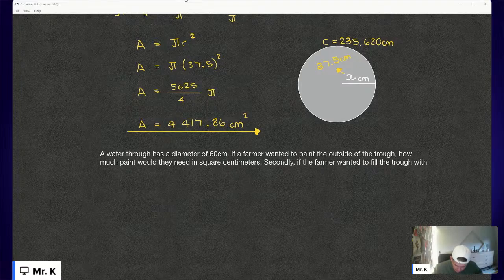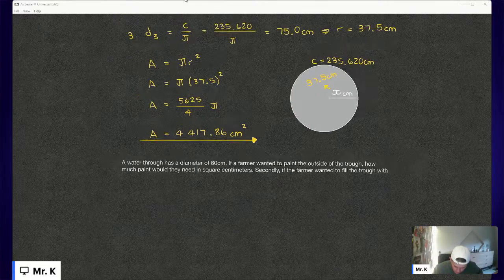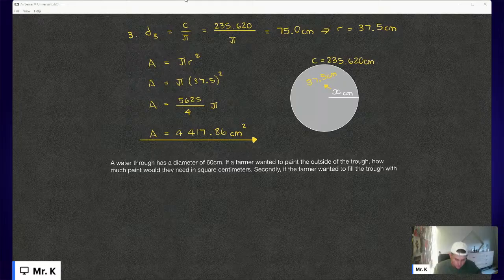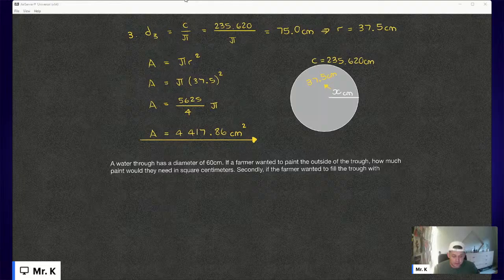Sorry, guys, just a second. I just want to quickly type out a question for you because I want us to be able to also apply this understanding to word problems.